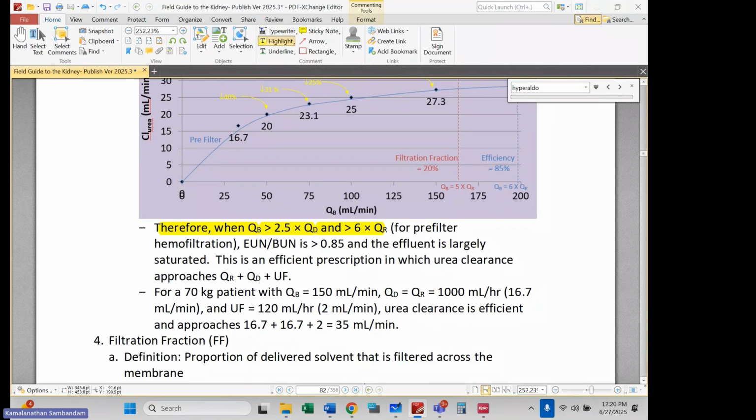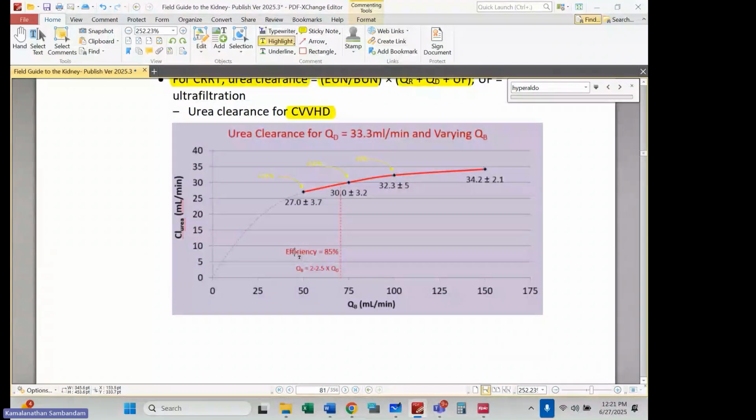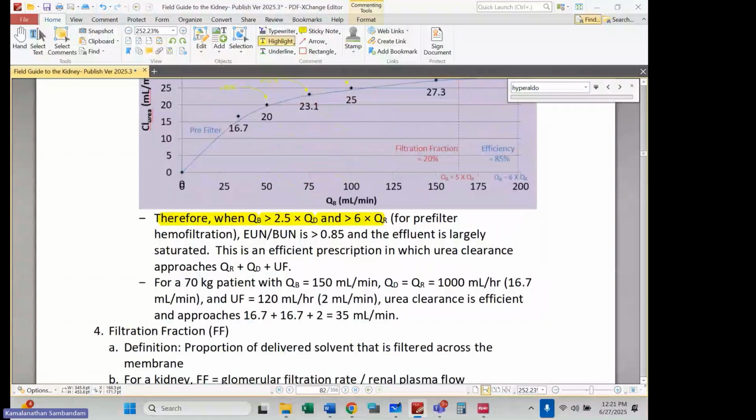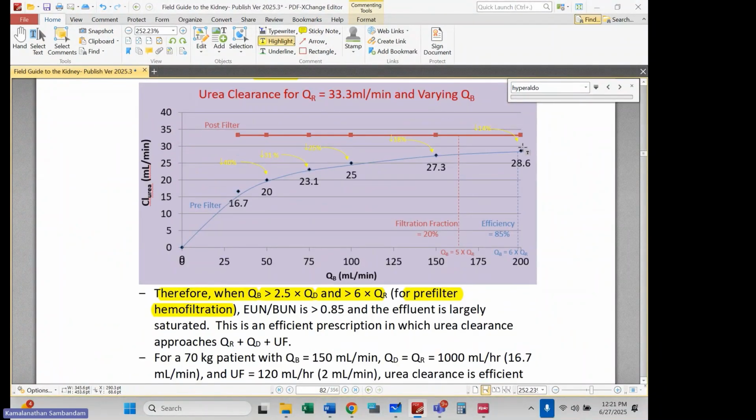So again, when I'm doing dialysis, I need a minimum blood flow rate of about 2.5 times my dialysate flow rate, because that's when I get that drop of efficiency, when the EUN to BUN ratio starts dropping below 0.85. When I'm running pre-filter hemofiltration, I need my blood flow rate to be 6 times my replacement fluid flow rate. That's the point at which EUN to BUN drops below 0.85.